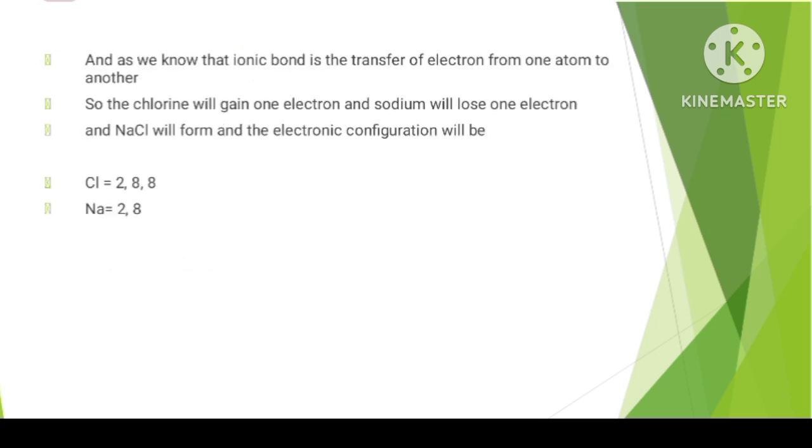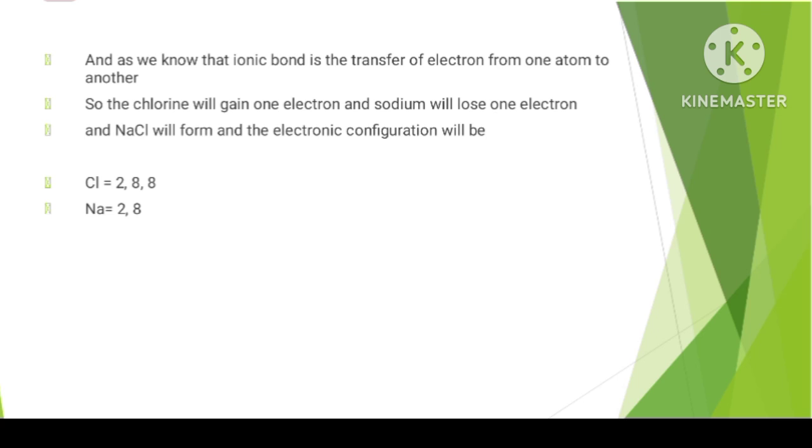Now as we know, an ionic bond is the transfer of electrons from one atom to another. So chlorine will gain one electron and sodium will lose one electron, and sodium chloride will form. The electronic configuration for chlorine will now be 2 8 8, because before it was 7, now it has become 8. Why? Because it has gained one electron from sodium. And sodium, after losing one electron, is also completed.